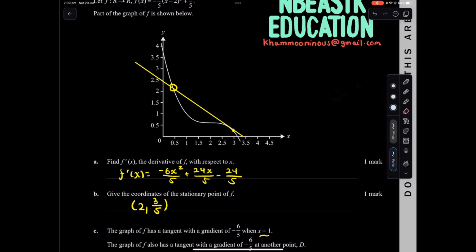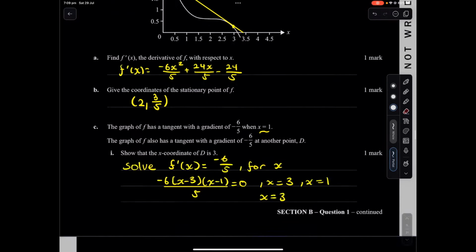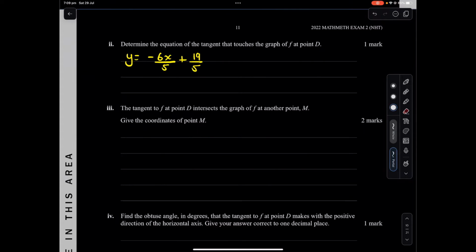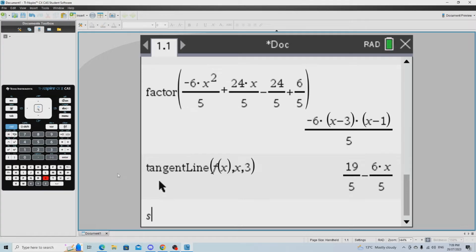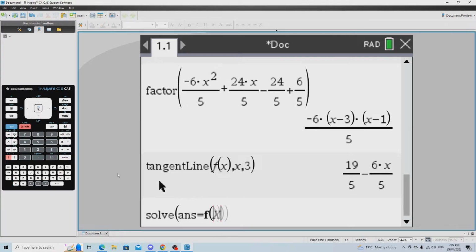One way we can do that is, because we know the equation of the tangent, we can equate them. So we can say solve negative 6x over 5 plus 19 over 5 equals f of x, comma x.